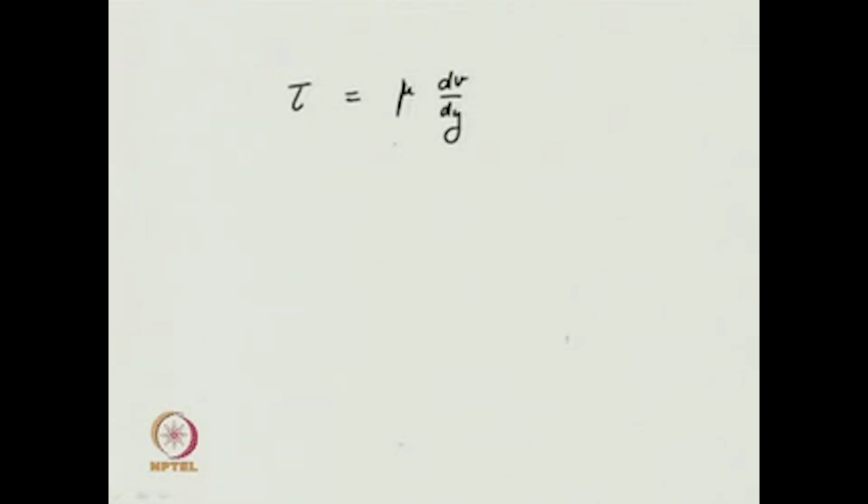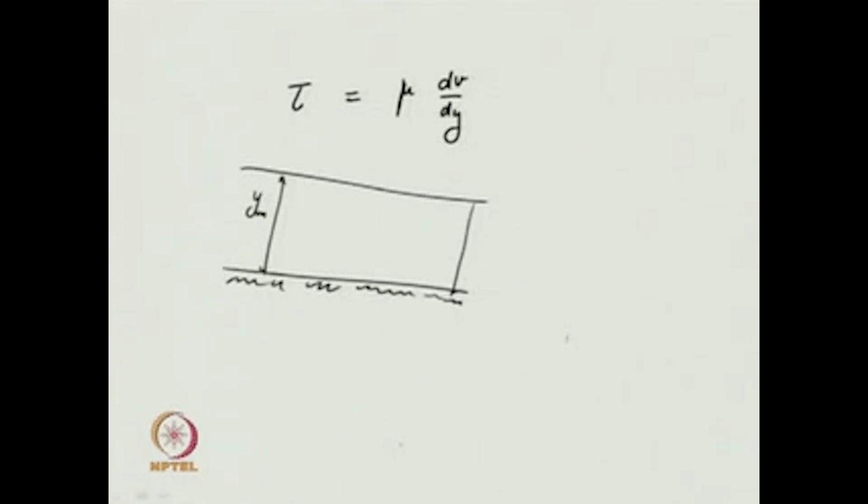The same thing you need to apply here. So let me give the overland flow in a magnified form. Here this is your depth y m, and it has a velocity distribution.